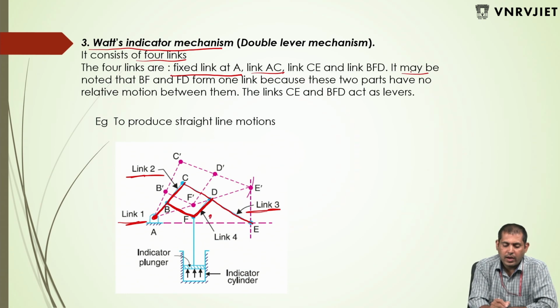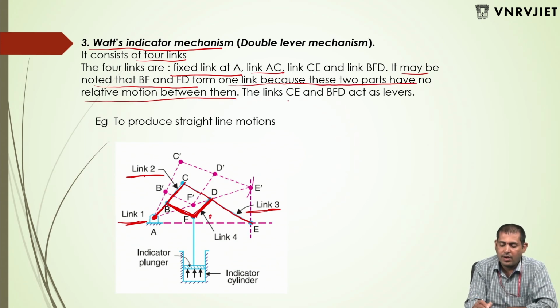So it may be noted that BF and FD form one link because those two parts have no relative motion between them. The links CE and BFD act as levers.